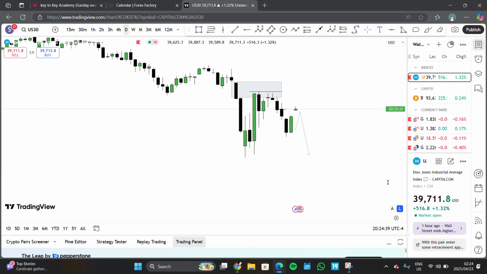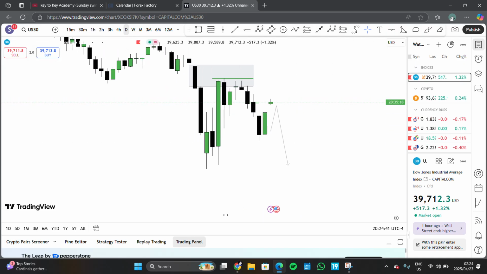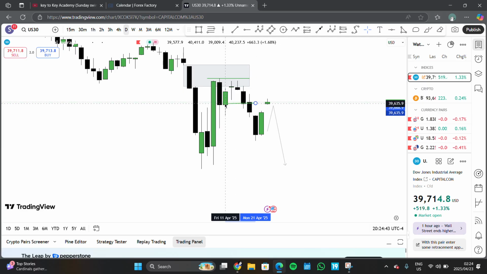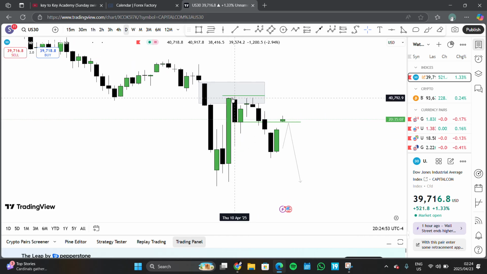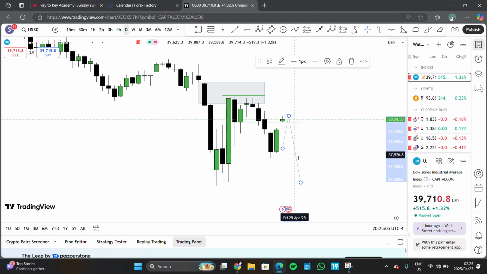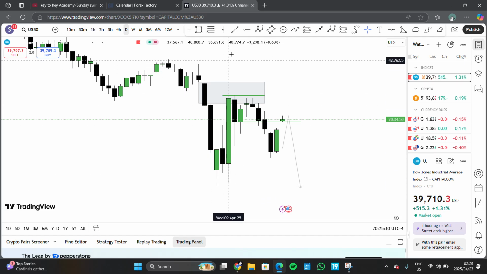Then what do I see now since this has played out? What I see now is a retest into this key level. As you can see, this becomes our lower high. This becomes our lower low, lower low, lower high, lower low. Expecting what? We're expecting a lower high for price to come and hopefully take this liquidity that is resting below here.